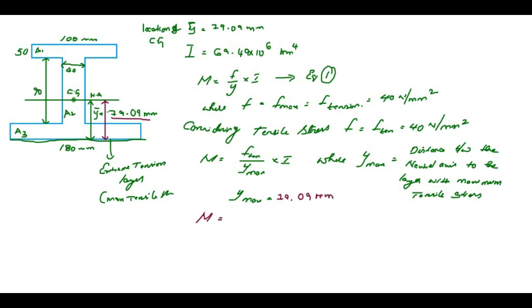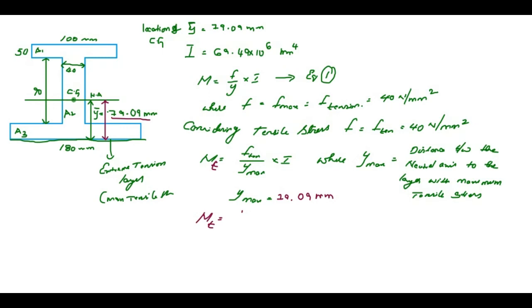So now substitute those values. I'm writing here M, and let me use suffix t here, since we are calculating based on tensile stress. So put Mt just for us to know both the values, don't get confused.